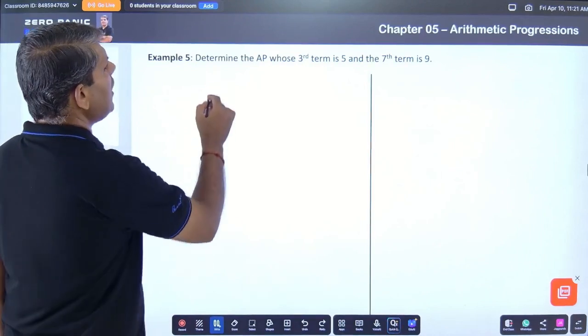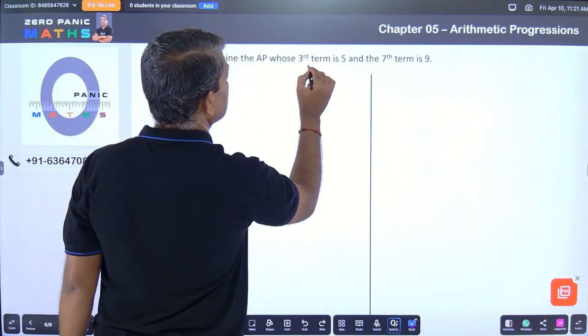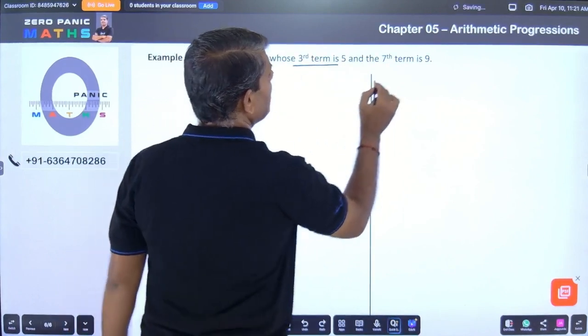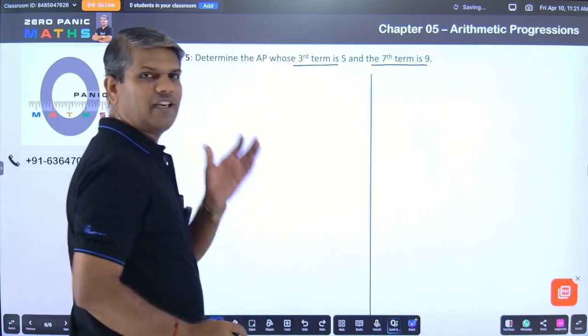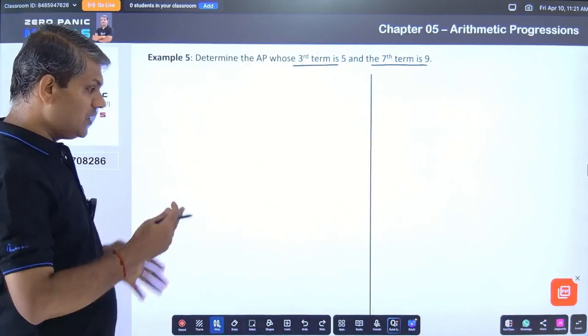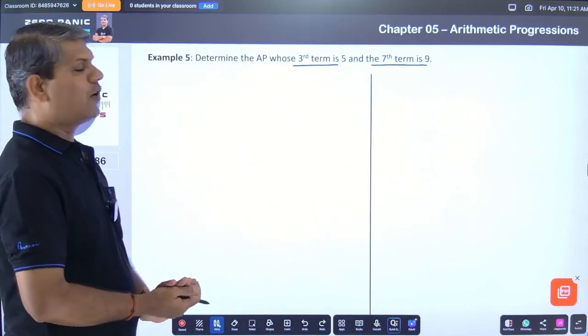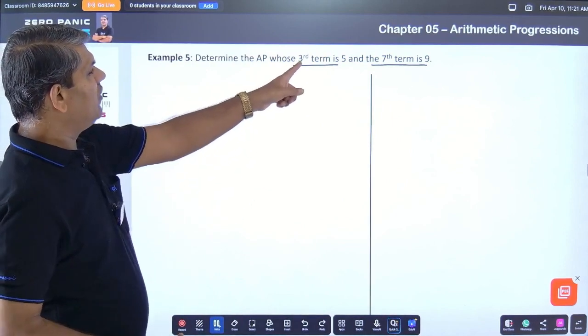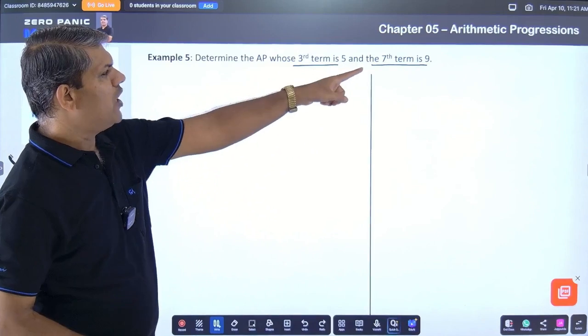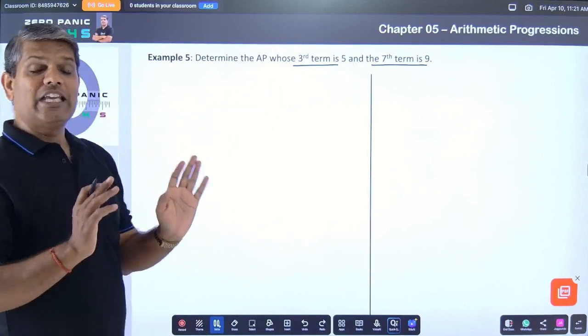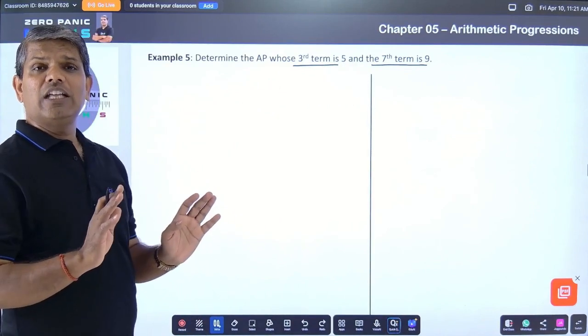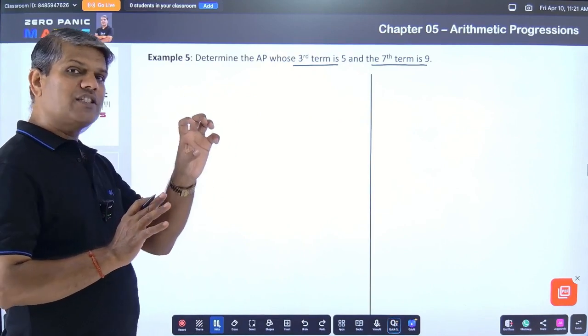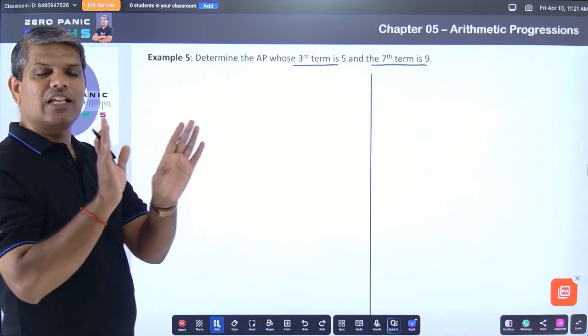Determine the AP whose third term is 5 and seventh term is 9. Now this is something interesting. You see that they have given third term is 5 and seventh term is 9. Here in this problem they have not given the value of the first term a or the difference, nothing they have given.